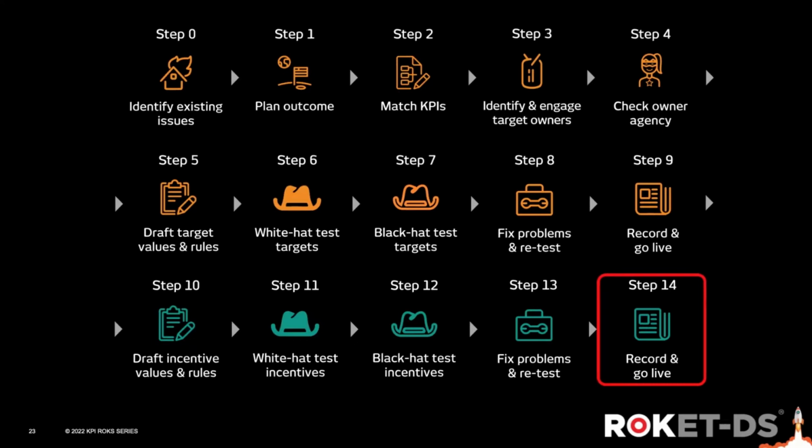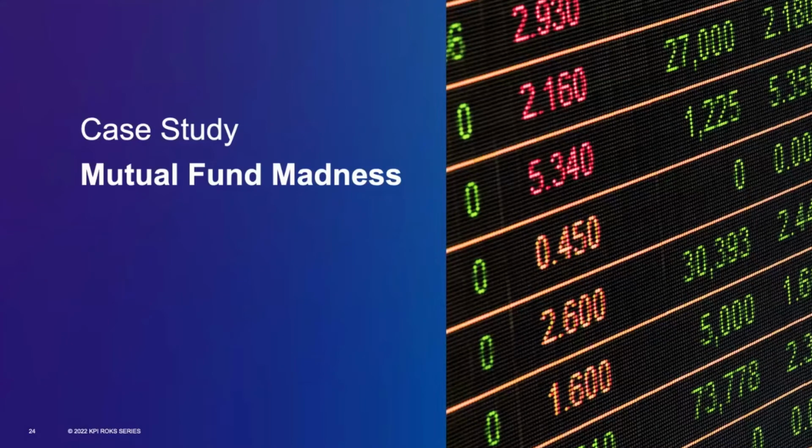Great. Let's go through a case study. The case study I will show today is about Mutual Fund Madness, a company. So basically, what is this? Mutual funds are financial products where investors give their cash to a fund manager, who then actively manages a portfolio of investments on the investor's behalf.